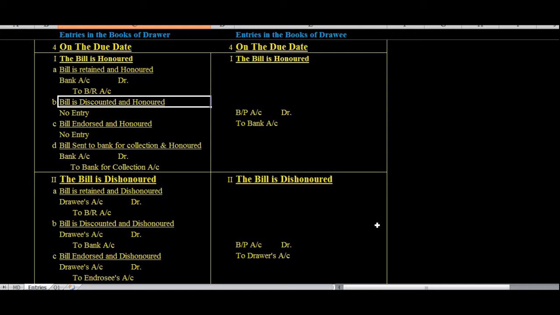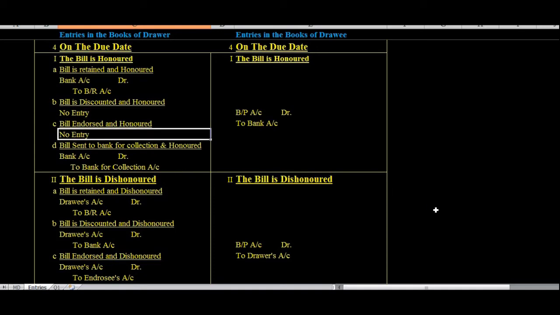No. When drawer is not involved, obviously no entry. There is no journal entry that we will be passing in the books of drawer if the bill is discounted and honored. And exactly the same explanation for the bill endorsed and honored, because that becomes the transaction between the endorsee and the drawee. Drawer is not at all involved.